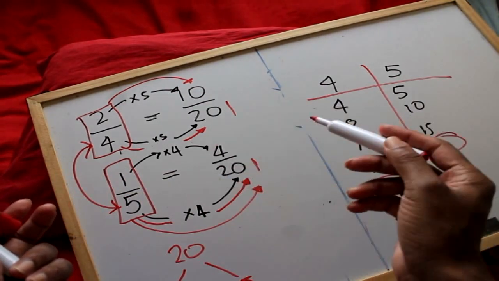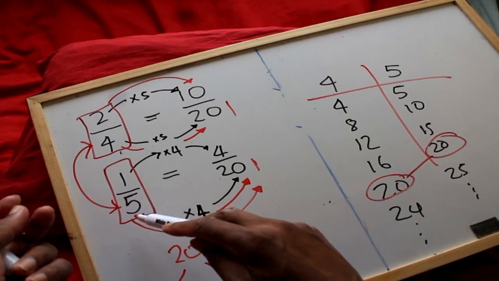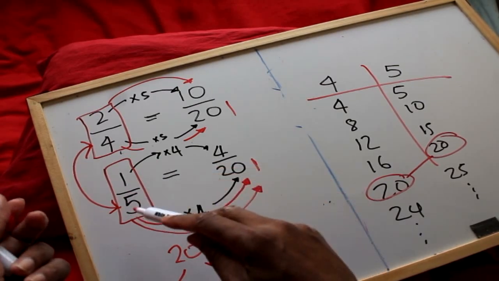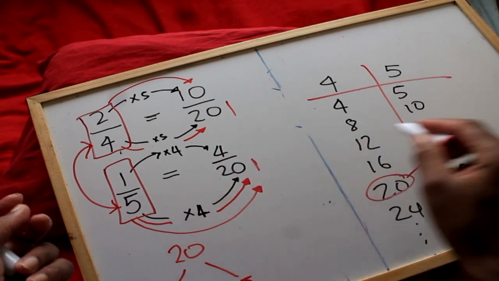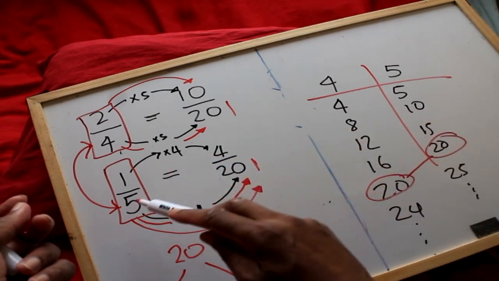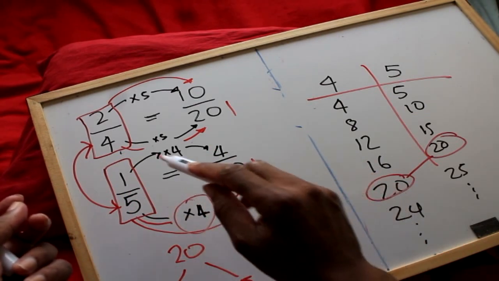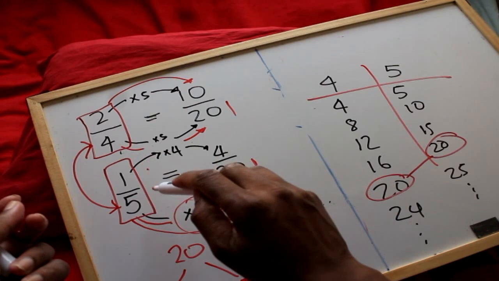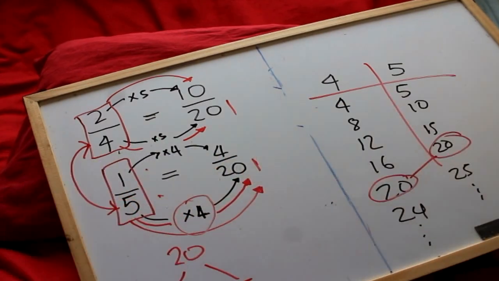Exactly the same with 1/5. We have to ask ourselves, how many times 5 needs to be multiplied to turn into the common denominator? 5 times 4 makes 20. Take the number 4, multiply numerator and denominator, and we get our equivalent fraction.